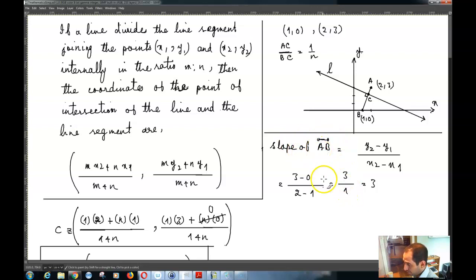Now if the slope of AB is equal to 3, and I call this, for example, m1, I take the slope of this line L as m2, so then I can write m1 times m2 is equal to negative 1, because they are perpendicular. Or to be more precise, I can say that L is perpendicular to AB.